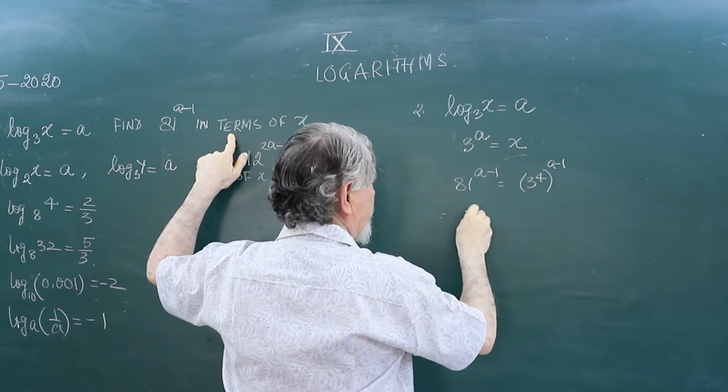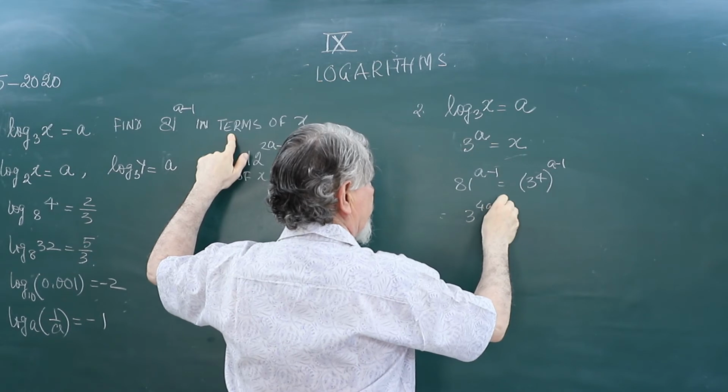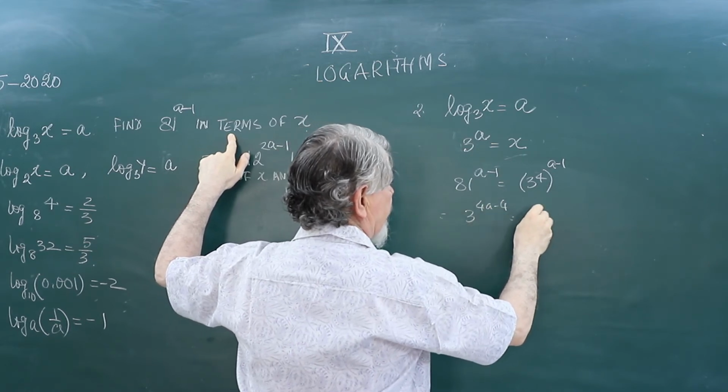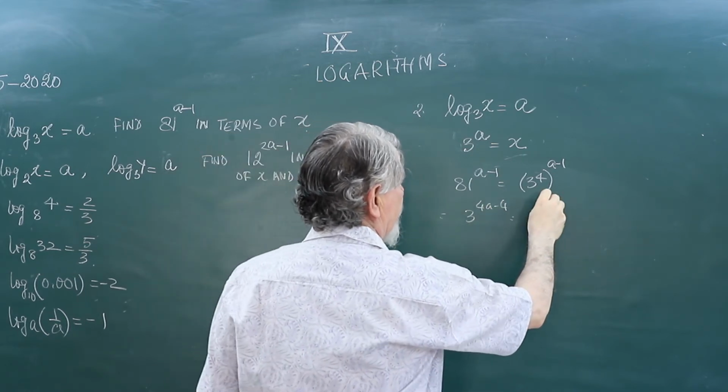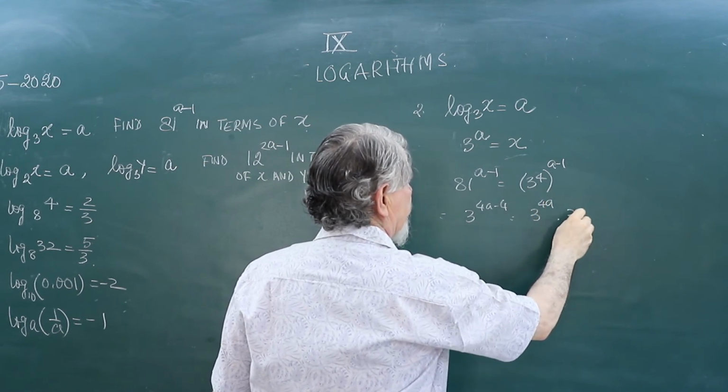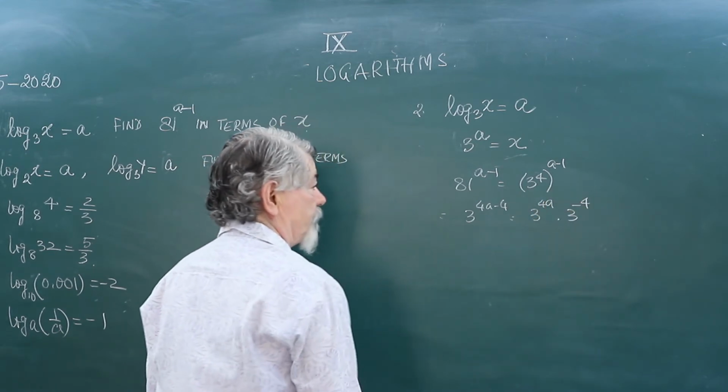That means 3 to the power 4a minus 4. Or I can write it as 3 to the power 4a times 3 to the power minus 4.